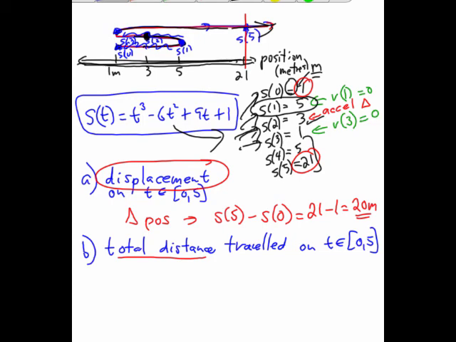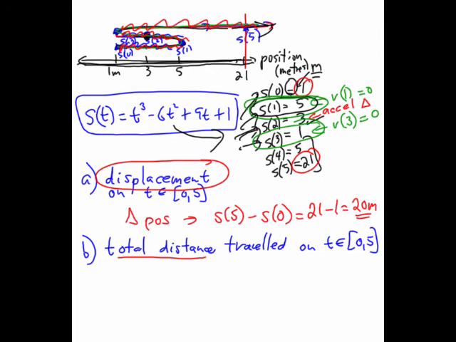Alright, when I do my total distance traveled, I have to take into account the fact that this particle changed directions twice. It changed direction at time 1 and at time 3. So what I'm going to need to do is define the displacement of each of these sections, make them positive because distance is a positive quantity, and then add them all together.